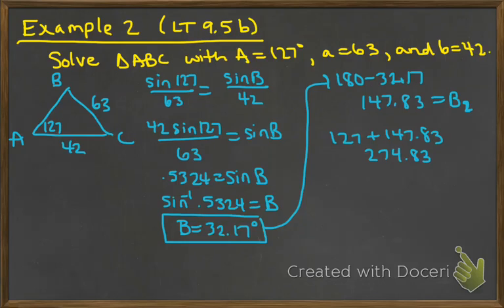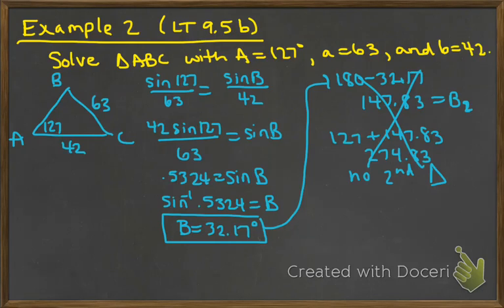Since those two combined are well over 180, there's not even room for that third angle, because keep in mind all angles in a triangle are always going to be positive. So that tells me that I can just cross this out, and there is no second triangle. I tried for it, didn't get it to work, so it's just crossed out.